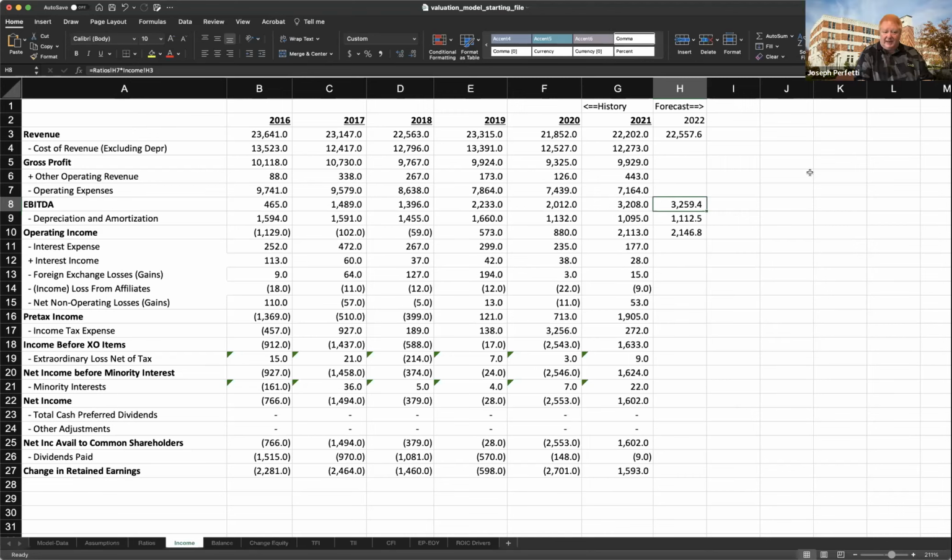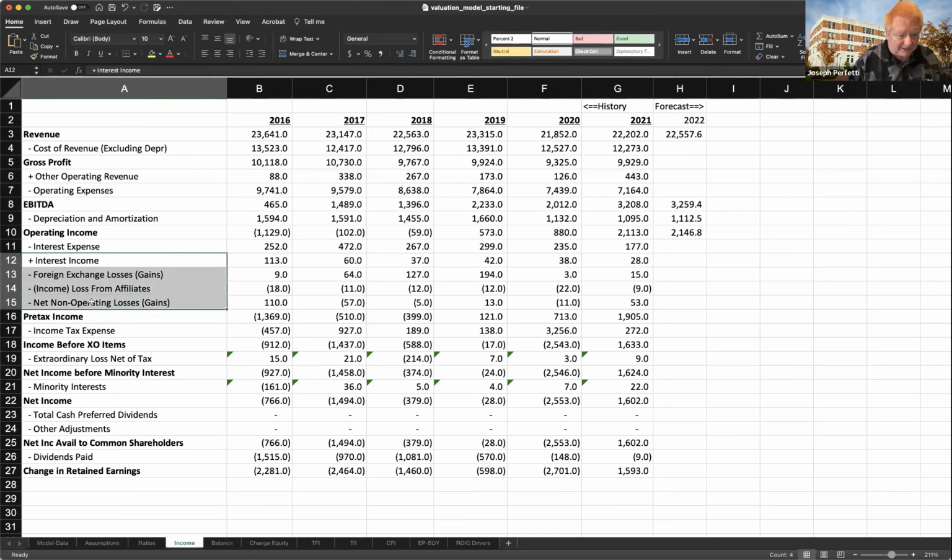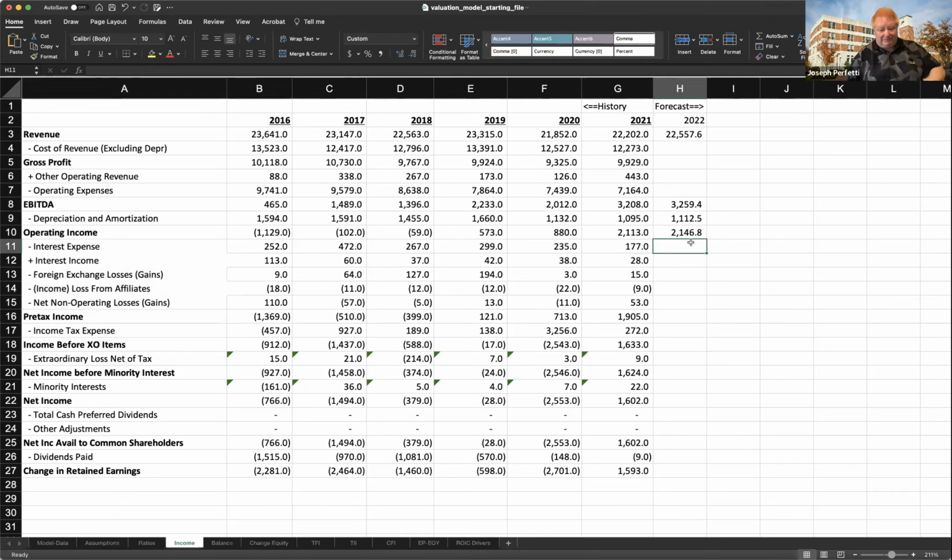All right. Now that we have forecasted operating income, we need to get down to pre-tax income. Next kind of key driver here, which means we need these 5 items to create our pre-tax income. The first one is the interest expense. So here's the assumption.